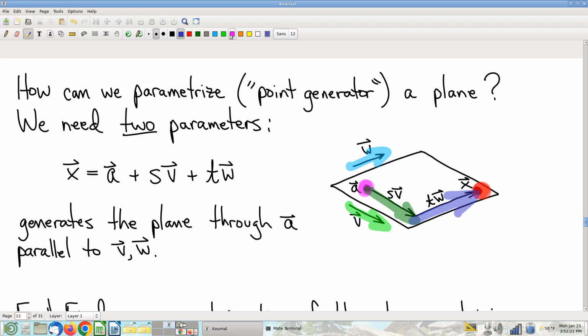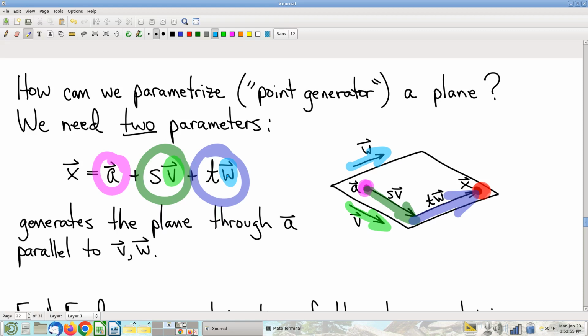So look at this. If I were to start at the point A, that purple point, and then add this vector sv, which is just a multiple of v, and then add this vector tw, which is just a multiple of w, then I start here, and then I move by sv, and then I move by tw, and sure enough, that'll get me to some point x here, also in the plane.